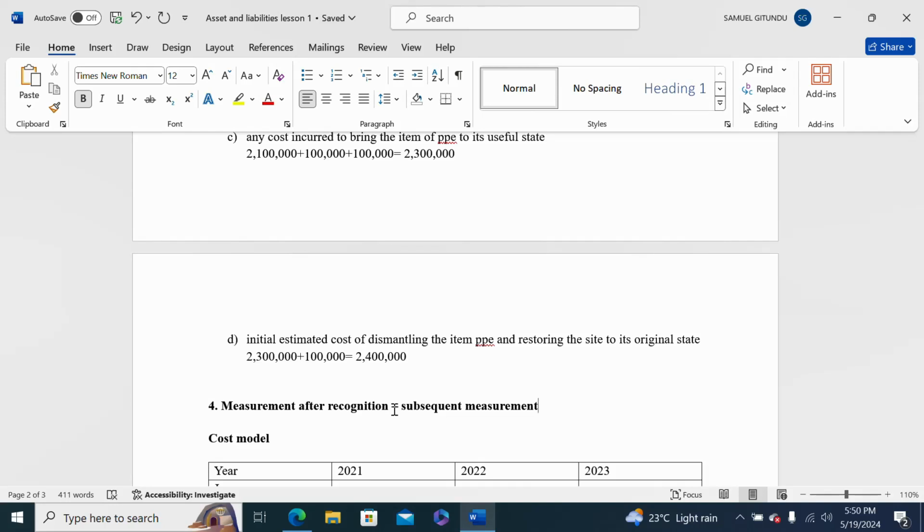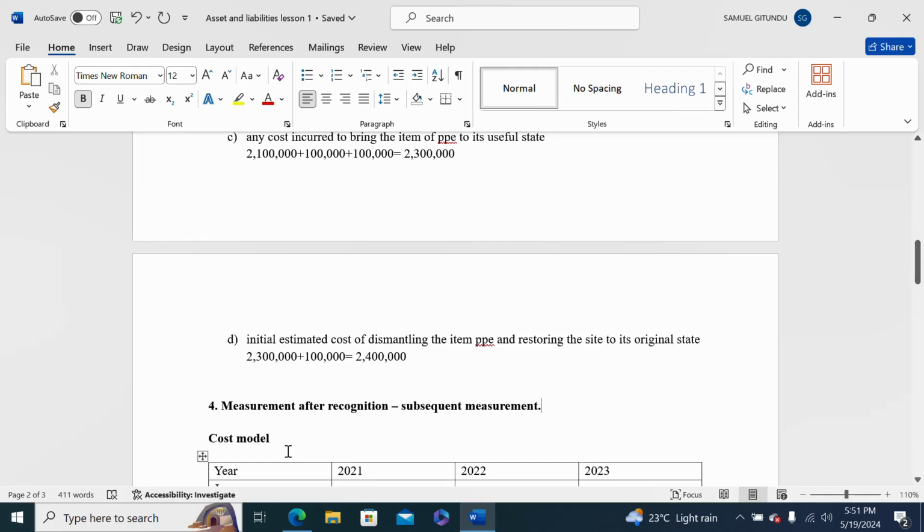We say that after recognition, during subsequent measurement, the value of an item of property, plant, and equipment is measured at its carrying amount or the revalued amount, and the organization must choose either the cost model or the revaluation model to measure the value of an item of property, plant, and equipment during the subsequent measurement.